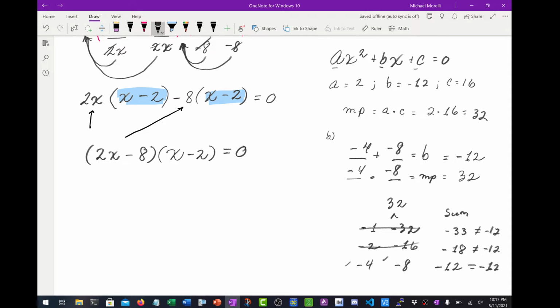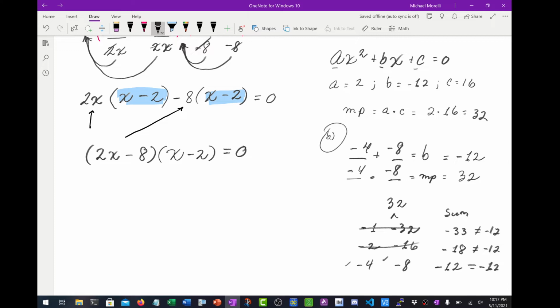Now sometimes factoring by grouping doesn't work. In other words, when you're on this stage over here, you can't find integers that work. And so factoring by grouping wouldn't work, and you'd have to do either completing the square or just plug the a, b, and c values into the quadratic equation.